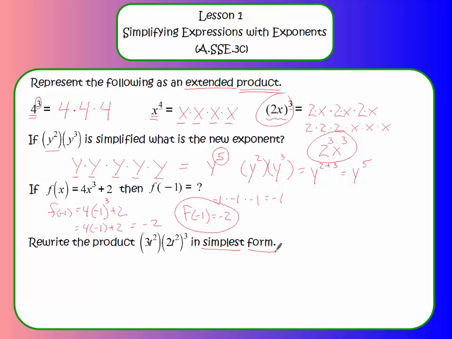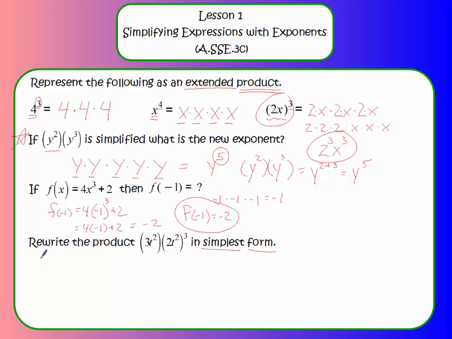It could be a fraction, but one constant out front, and every single variable will be written with a positive exponent, and any similar bases will have all been combined. Similar to what we did up here in part 2, question 2. So let's see what this means.